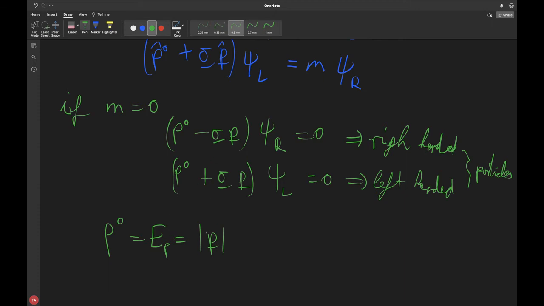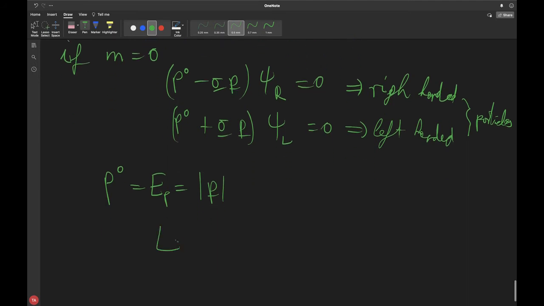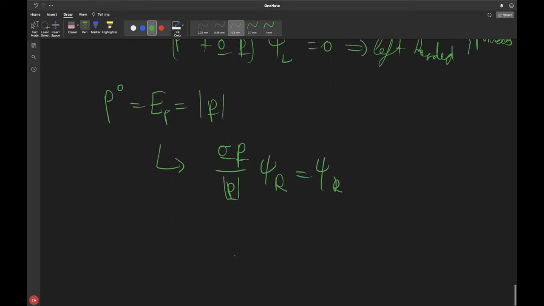So if I include this and rearrange a bit, then what we get is that sigma dot P vector divided by the absolute value of this vector P acting on the psi R is the same as psi R, and we also get that the sigma dot P vector divided with the absolute value of the vector P multiplied with the psi left is the same as minus the psi left.